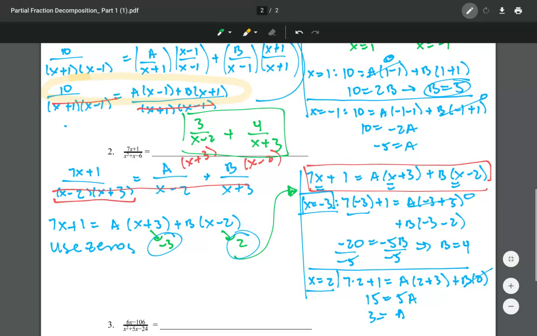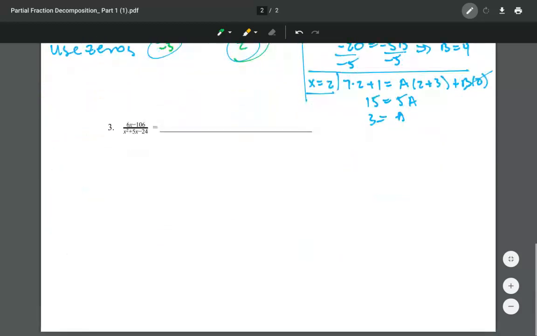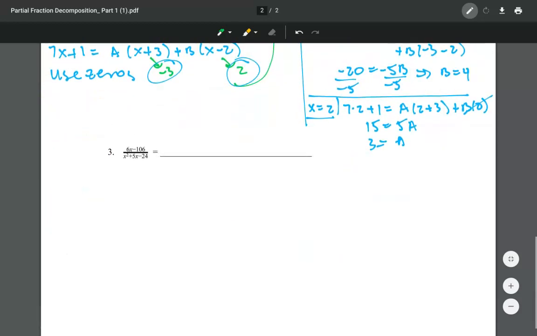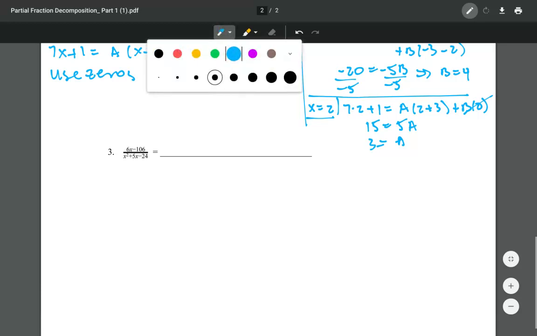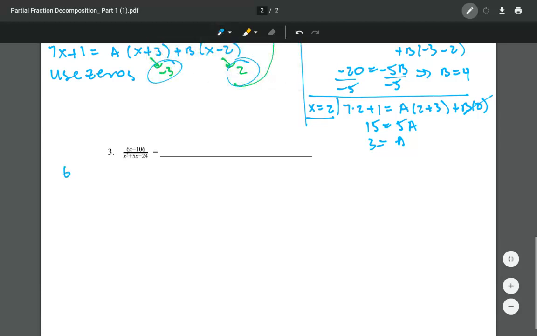Okay, I got it. One more? Yep, one more left to go. Ugly numerators, but we really don't care about the numerator so much. We care much more about the denominator. So to start, we have 6x minus 106 over x squared plus 5x minus 24. Factor: 24 is 4 times 6, but that's not going to get me to 5 in the middle.